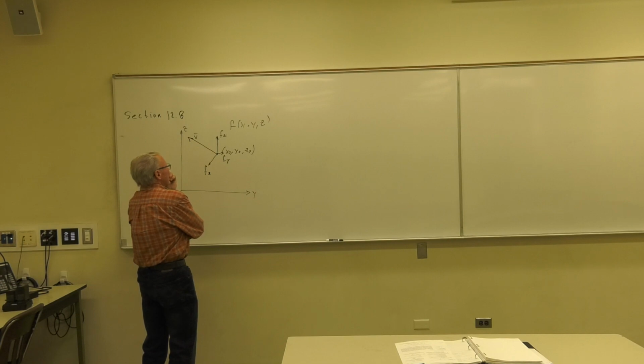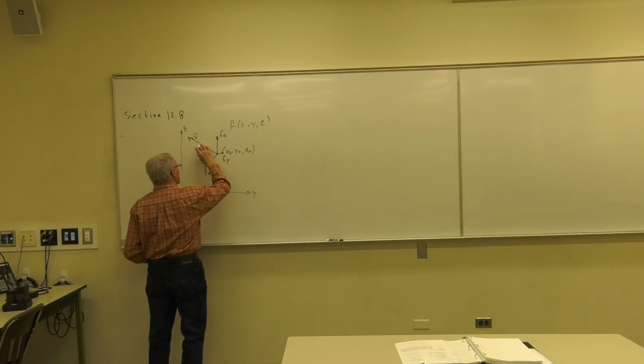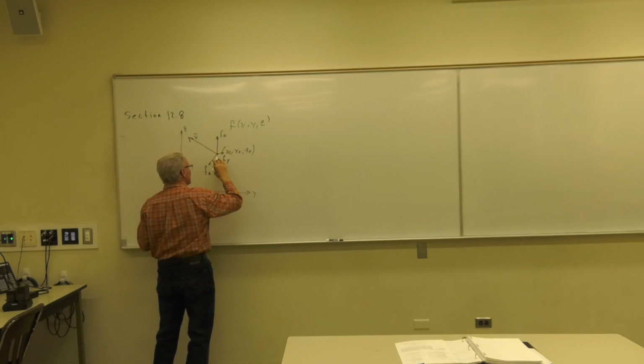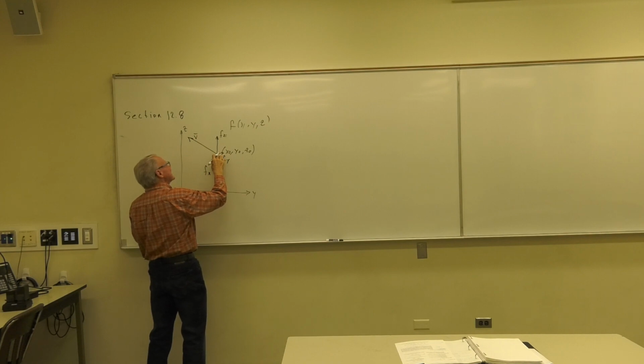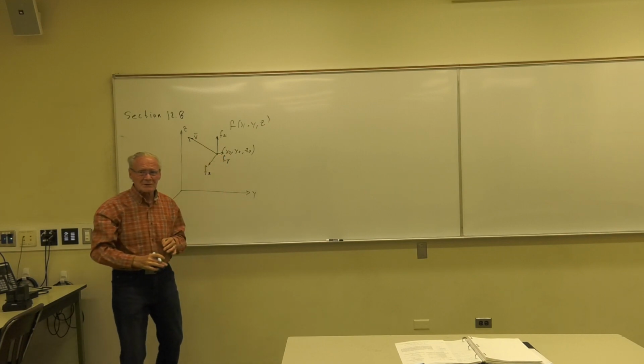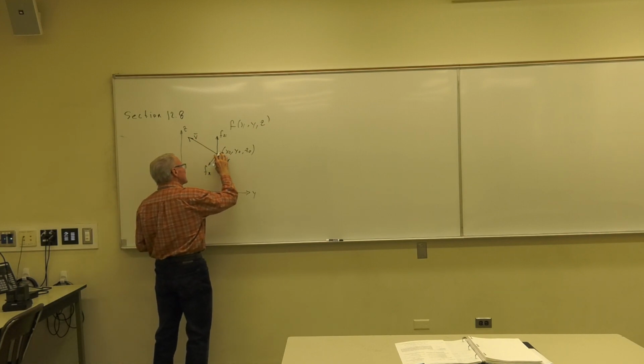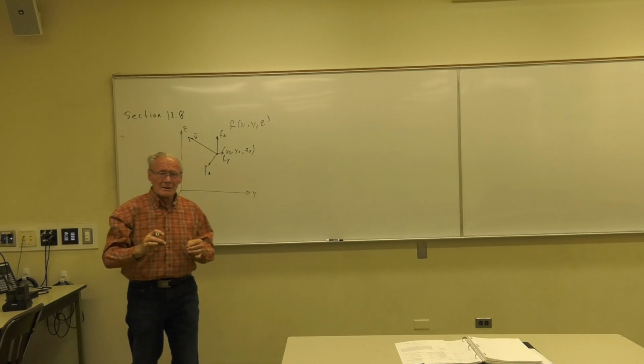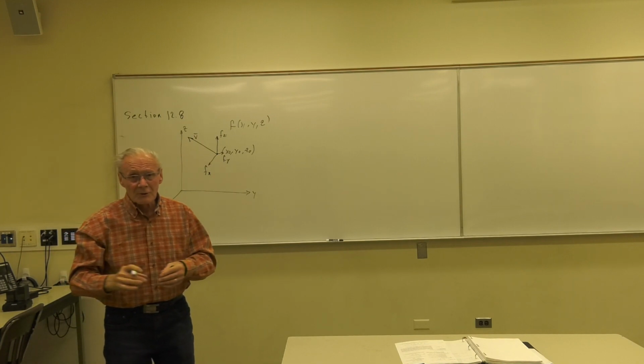So what do we mean by that? When you calculate df/dx, you're calculating the rate of change with respect to distance going in the x direction. df/dy is the rate of change with respect to y, distance in the y direction. df/dz, rate of change with respect to z, distance in the z direction.